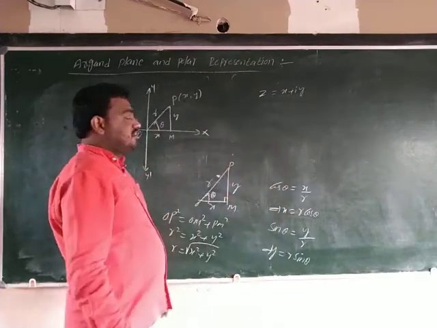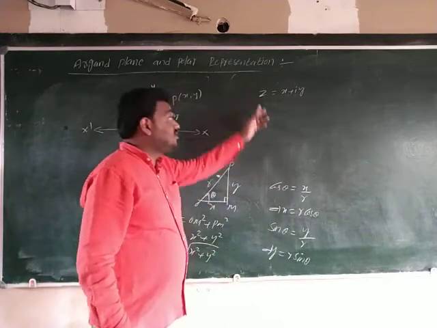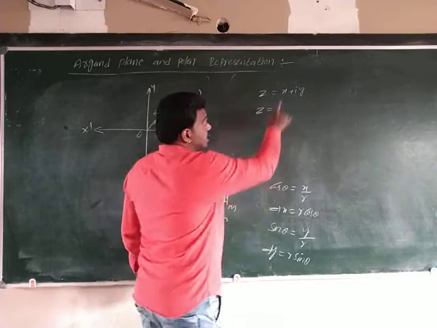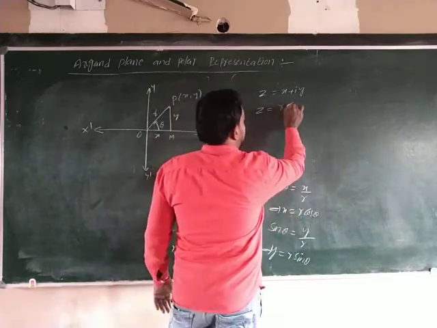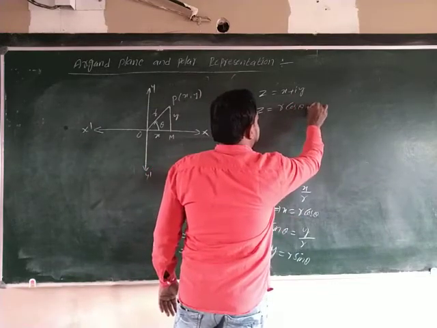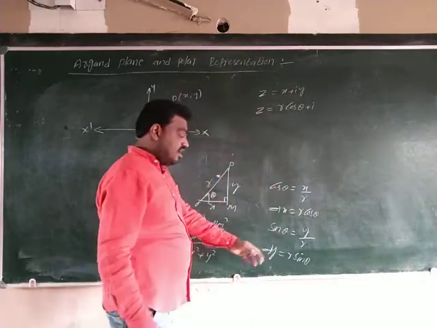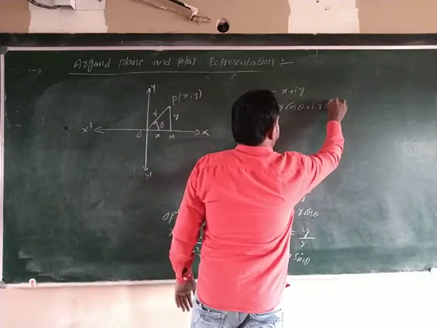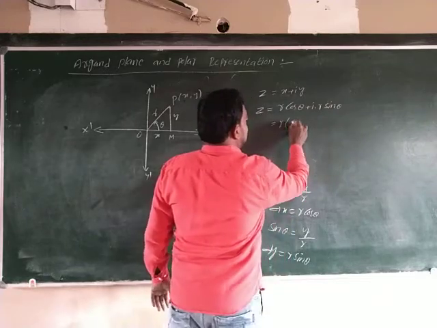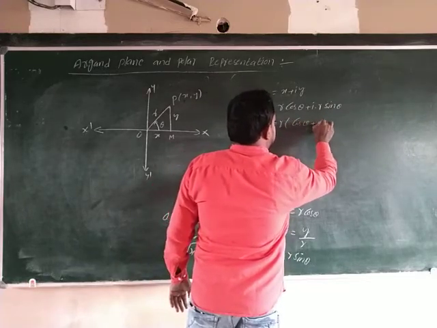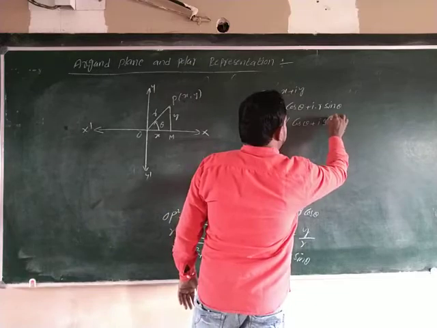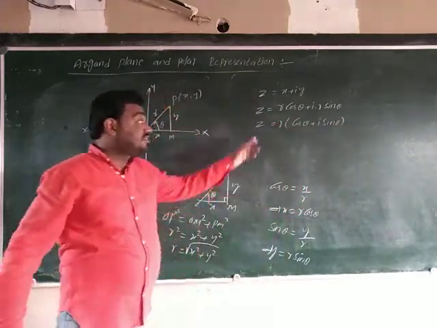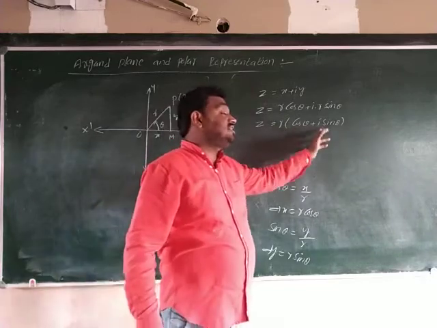Now you substitute x and y in this. So z is equal to x plus iy, where x is r cos theta and y is r sin theta. You take r as common: z is equal to r into (cos theta plus i sin theta).